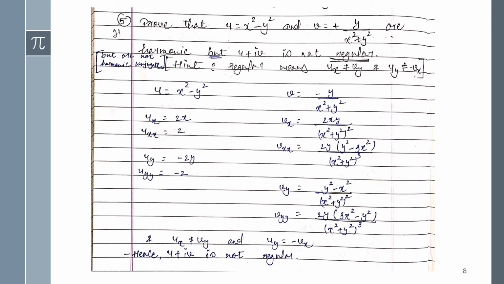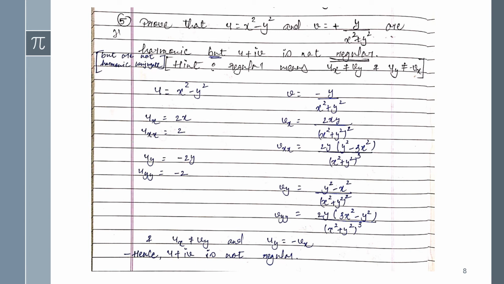Harmonic means you have to show the Laplace equation, and ultimately it should be analytic, and for analytic you have to show the CR conditions being satisfied. And regular means the opposite. Regular, that is, it is not harmonic, it is not analytic. When it is not analytic, it means the CR equations will not be satisfied.